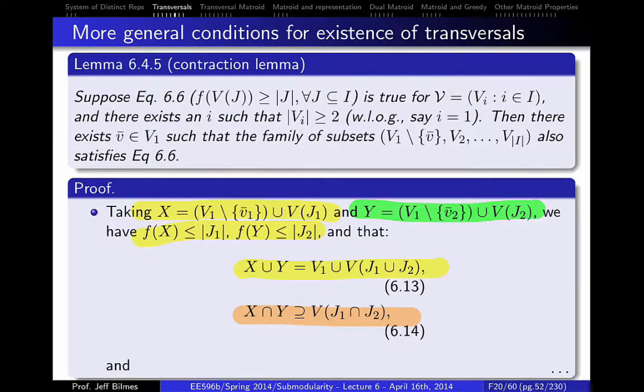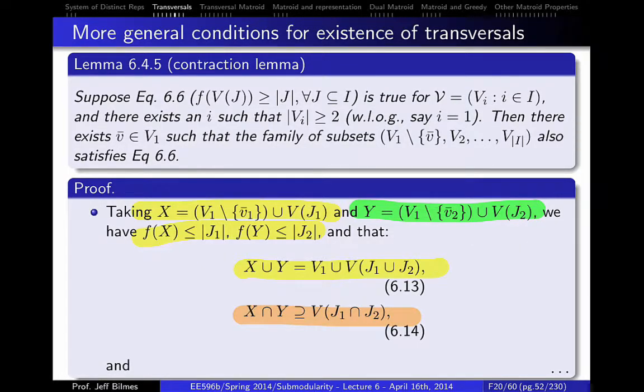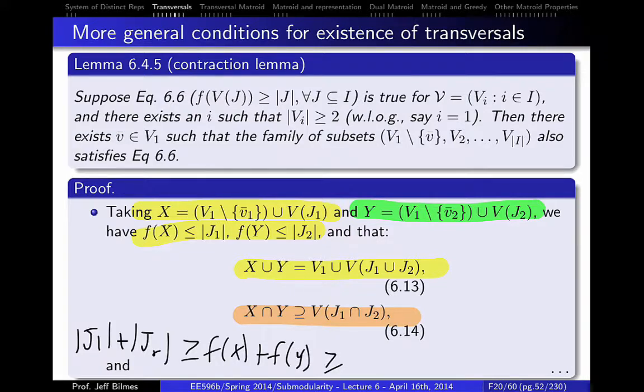And I think we're missing an equation here, but what this is supposed to say is that when we look at, let me just write it here, the size of J1 plus J2 is greater than or equal to f of x plus f of y, which, thanks to submodularity, is greater than or equal to f of x union y plus f of x intersect y.